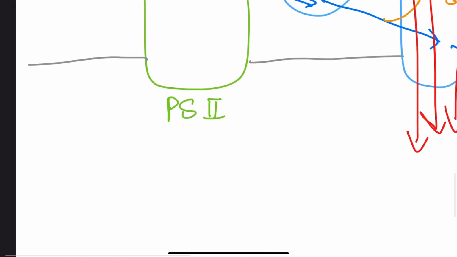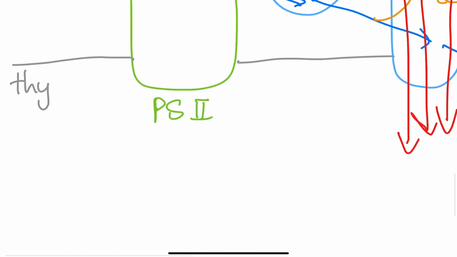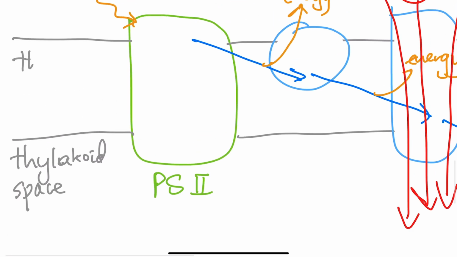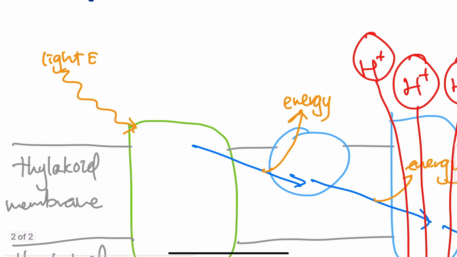So just keep in mind, this is the thylakoid space. This is the thylakoid membrane. And this is the stroma.